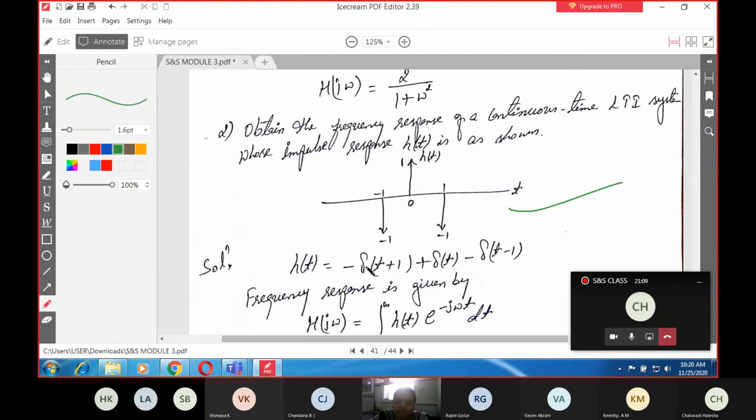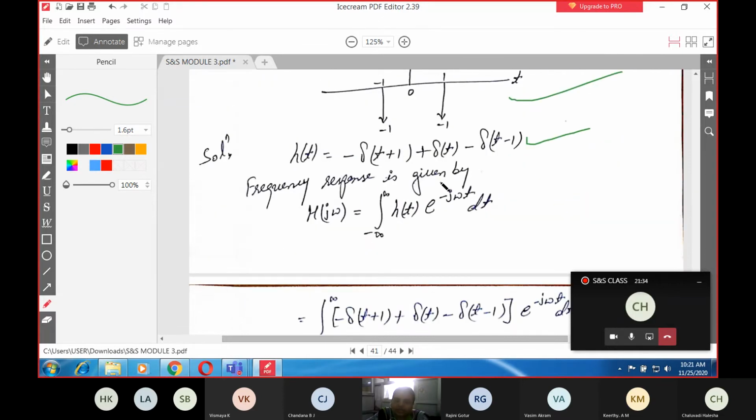I can write delta, again at the right side. It is minus because the amplitude is minus, delta of t minus 1. I hope you got how we wrote this equation.